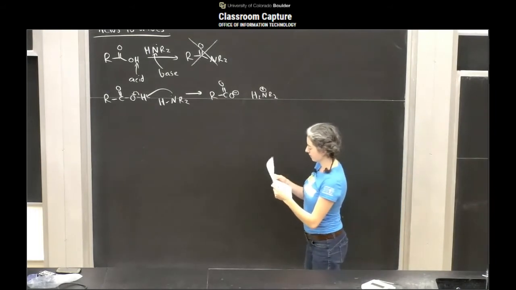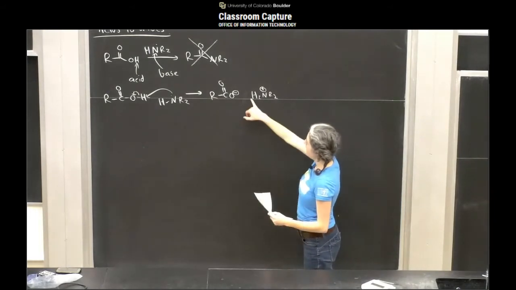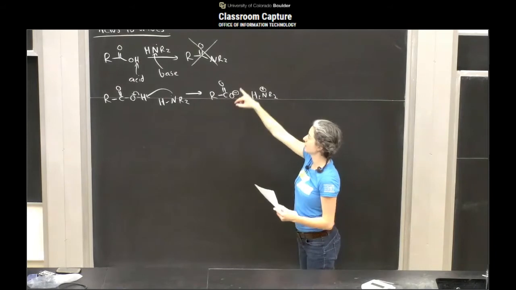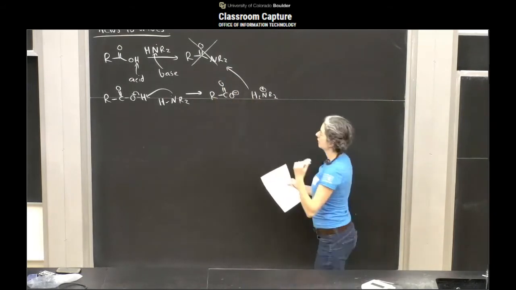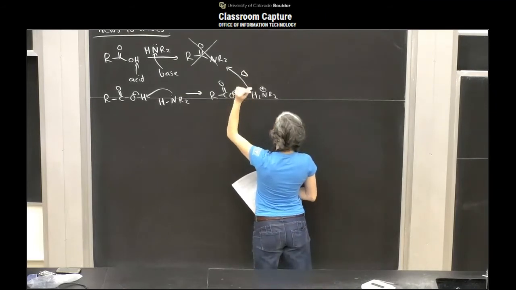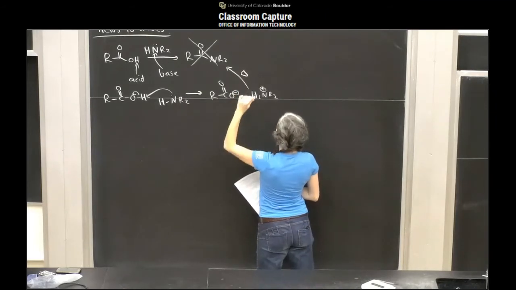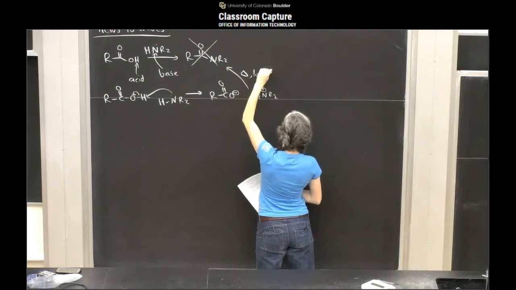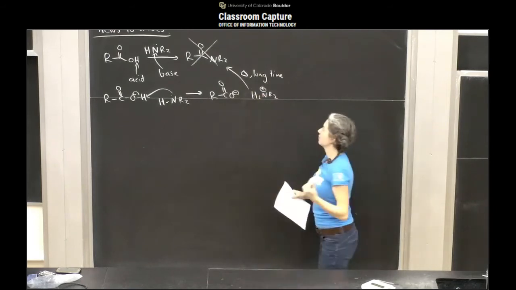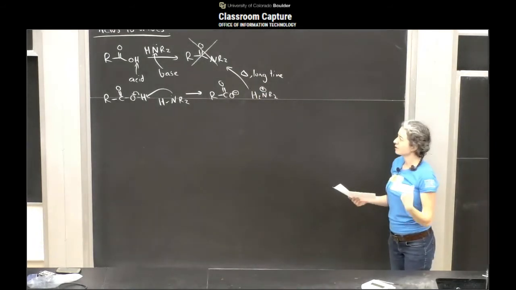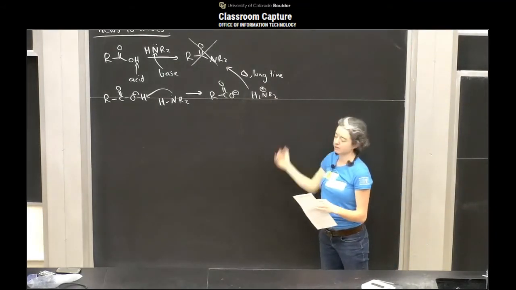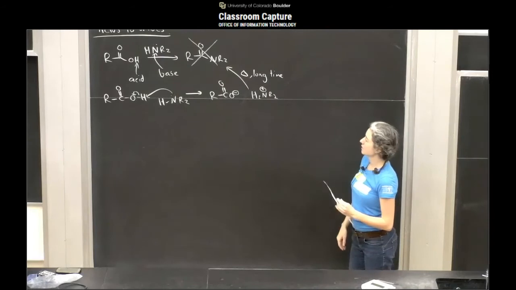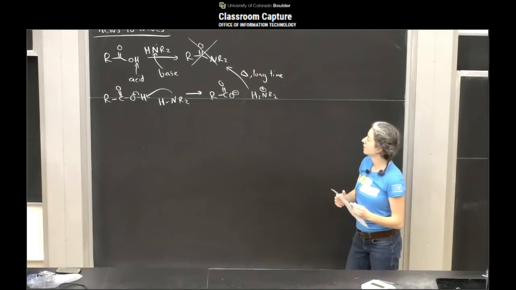Okay, so it turns out you can actually force this to go to here if you add lots and lots of heat, and wait a while. But it's several hundred degrees, and at that point you're risking some weird side reactions on whatever the R groups are. So this is generally not a great idea.